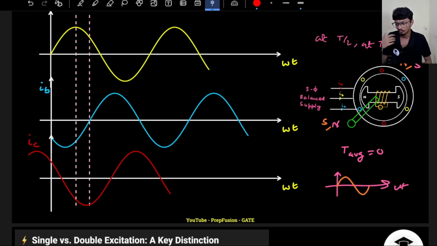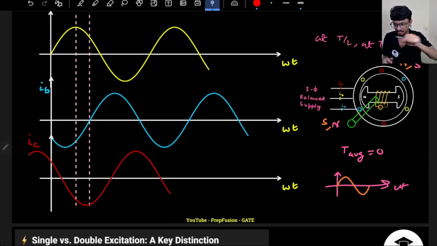So what needs to happen is we need to initially provide some starting torque. If you remember, if you have any motor and it gets stopped, what you do is you turn on the supply and give a push to the motor, to this prime mover.